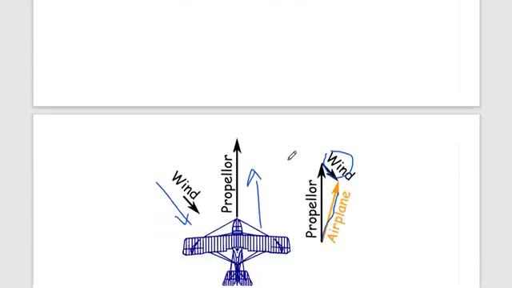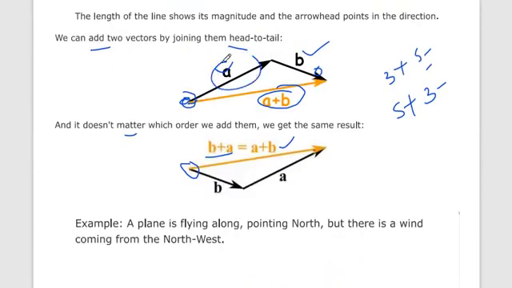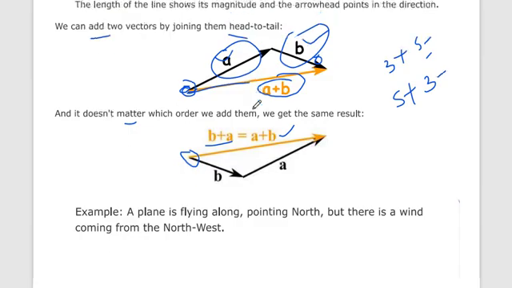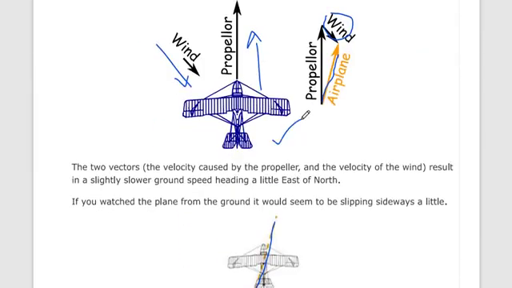So this is the addition of one vector and a second vector, and how the addition applies, which is the direction and which is the magnitude. This is a real life example of how vectors can be used.